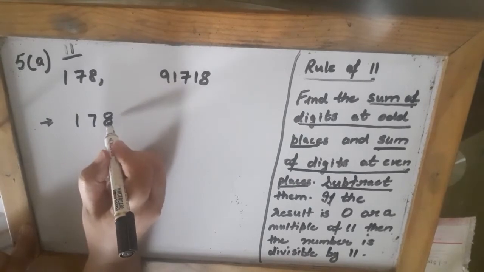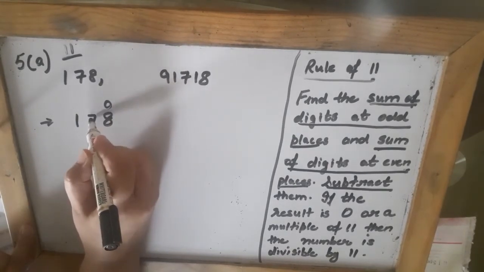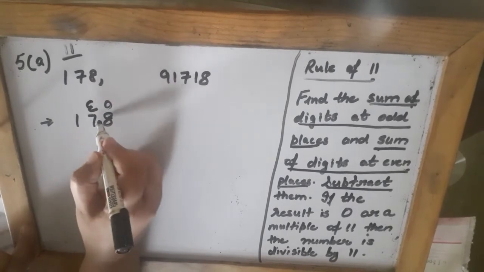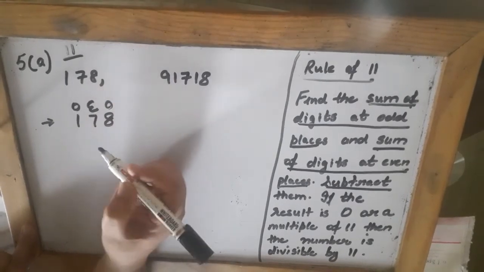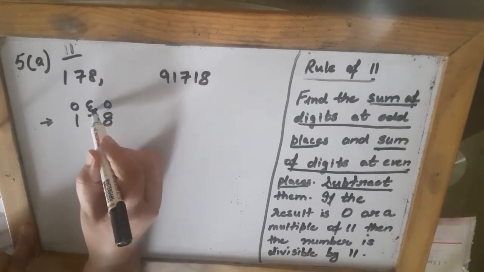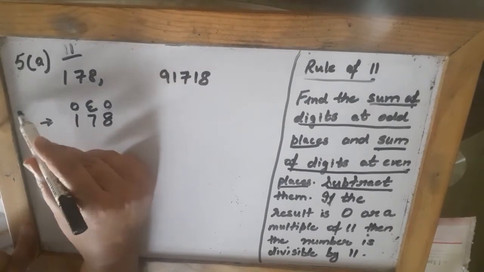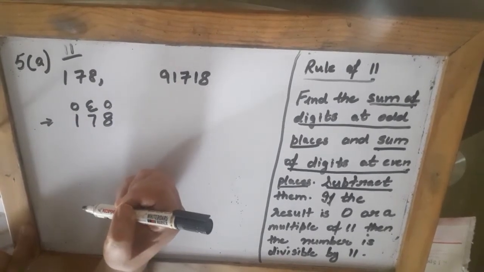I will say that 8 is at the odd place, the next one is at the even place, and then again at the odd place. So alternate digits I will take: odd, even, odd, even, odd, even, like this. I will give them the places.